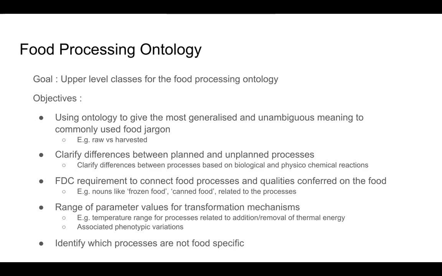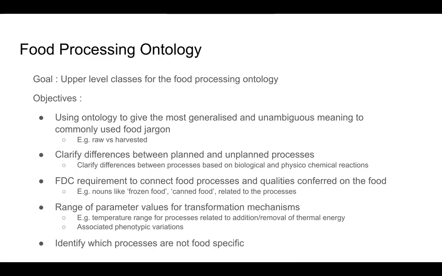So the ontology does not include all of the words used in food jargon, like raw, harvested, or the more ambiguous words like fresh. But the ontology can be used to come up with a certain specification or a certain set of rules that give a generalized and unambiguous meaning to these words.